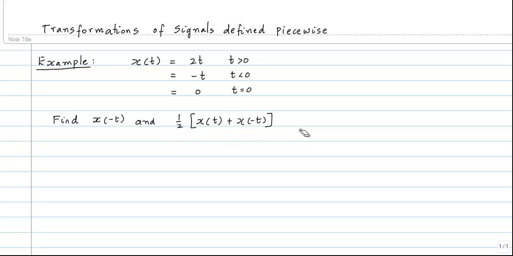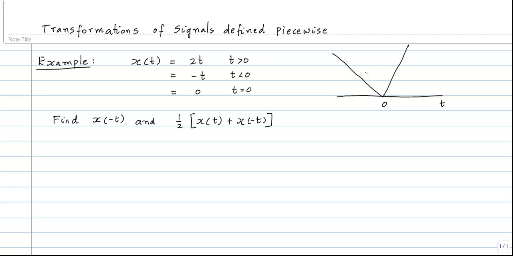Okay. Now, if you're asked to solve a problem like this, it's relatively easy and straightforward to sketch the function x of t first. Now, if I sketch the function, the function looks like this. It has a slope of 2 for positive values of t, and it has a slope of negative 1 for negative values of t.